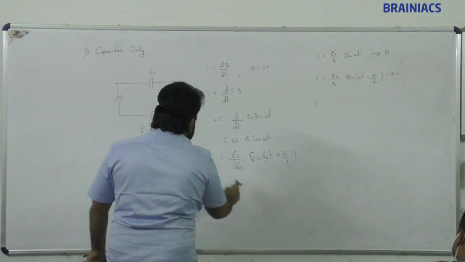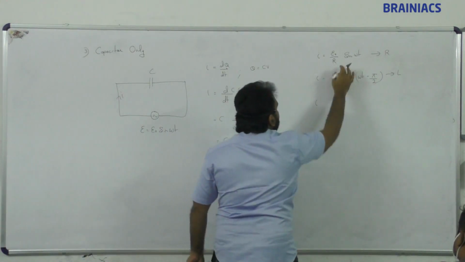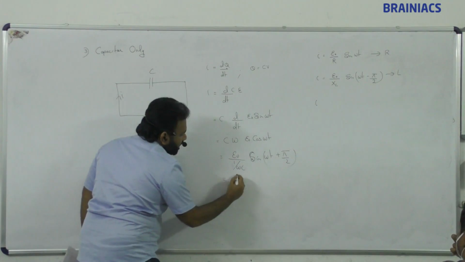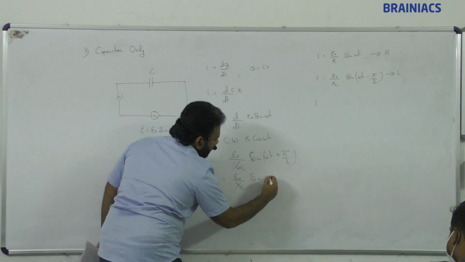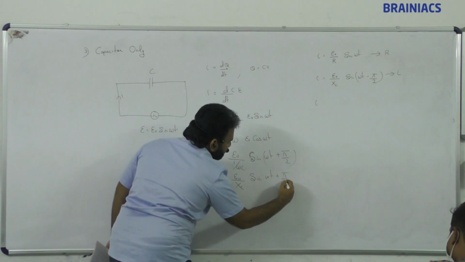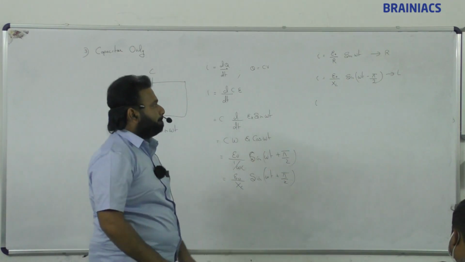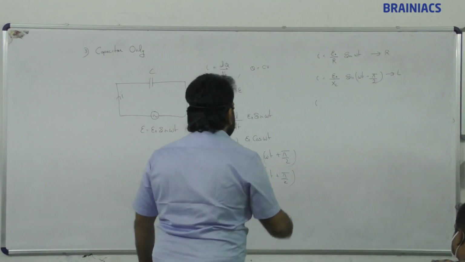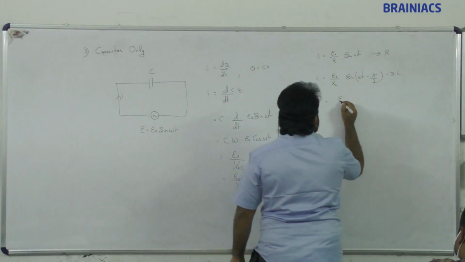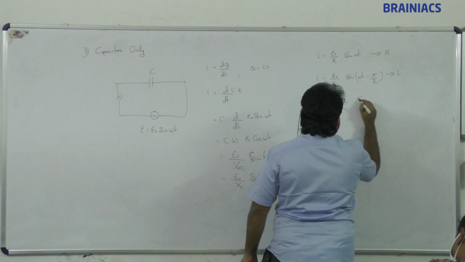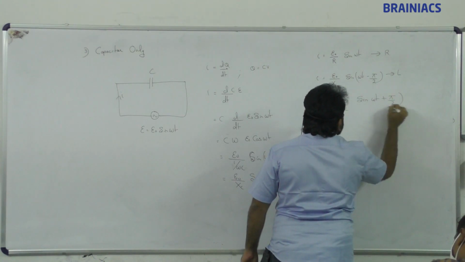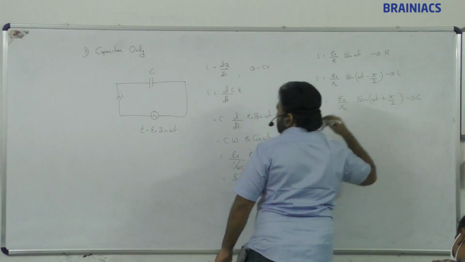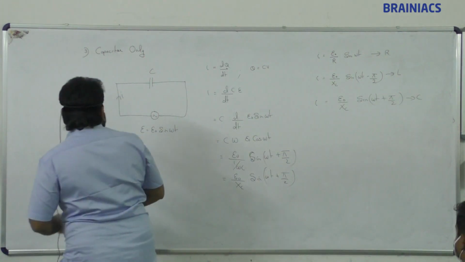And just like R and XL, we got this as E naught by XC, which is called capacitive reactance. So I = E naught by XC sin (omega t plus pi by 2), when capacitor alone is there. Done?